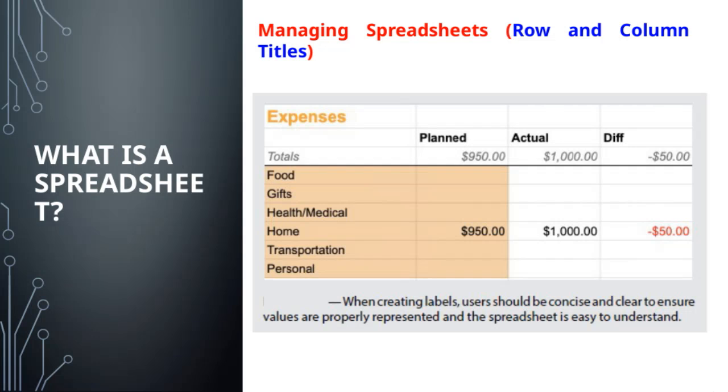Let's talk about managing spreadsheets, specifically focusing on row and column titles. So, what exactly is a spreadsheet? At its core, a spreadsheet is a grid of cells where you can organize, analyze, and visualize data. The key to making spreadsheets effective is understanding how to use row and column titles properly. These titles serve as labels that help you identify what each row and column represent, making your data much easier to navigate and interpret.